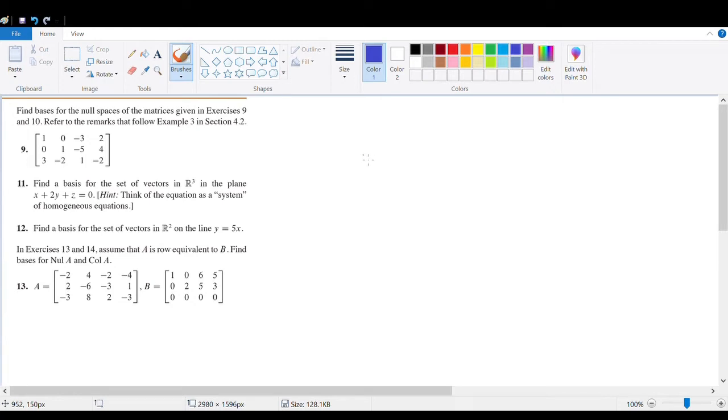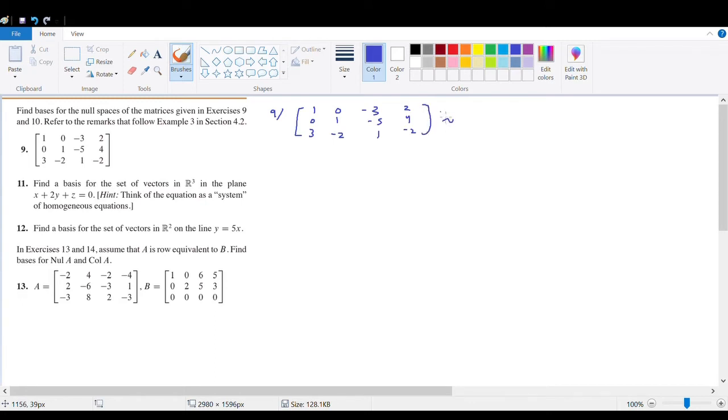In 9, we need to find a basis for the null space of the matrix. To find a basis for the null space, first we need to reduce this one to echelon form. So in 9, we have the matrix 1, 0, 3, 0, 1, minus 2, minus 3, minus 5, 1, 2, 4, minus 2.